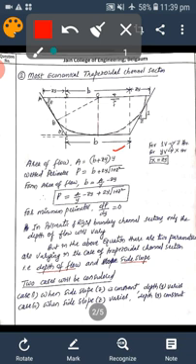As you know, the area of a trapezium is the average of the top width plus bottom width, times the depth. Top width, how do we get? B plus 2ZY.